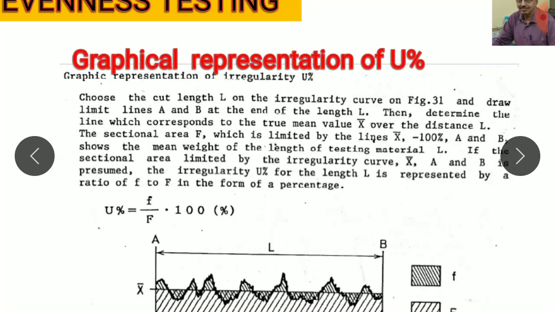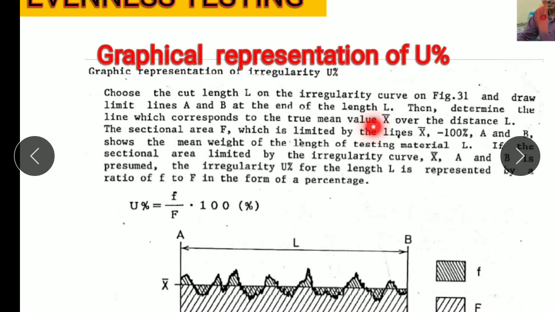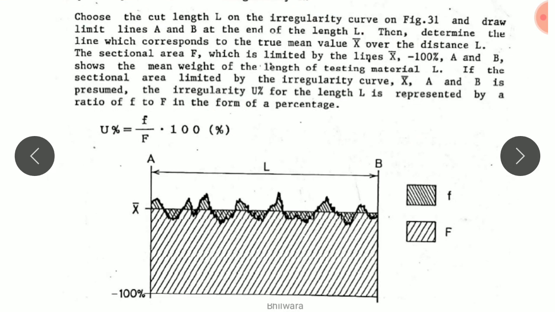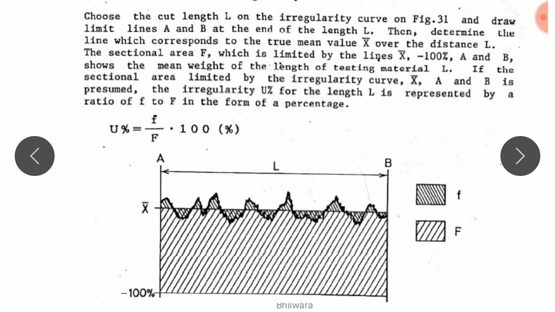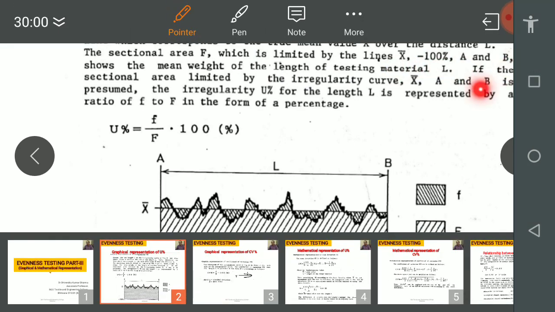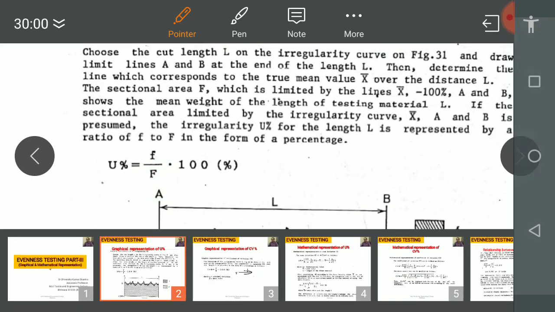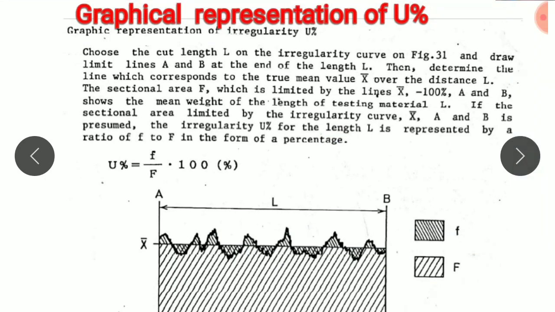Let us see a little bit: x bar is the true mean value for the distance L, where L is the total length of the material that has been tested. The section area capital F is limited by x bar and the two ends A and B of the length of the material that has been taken.